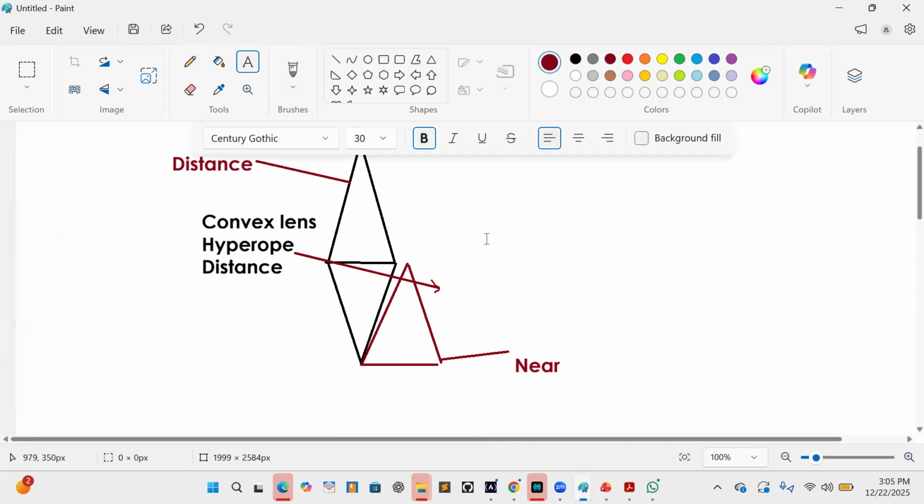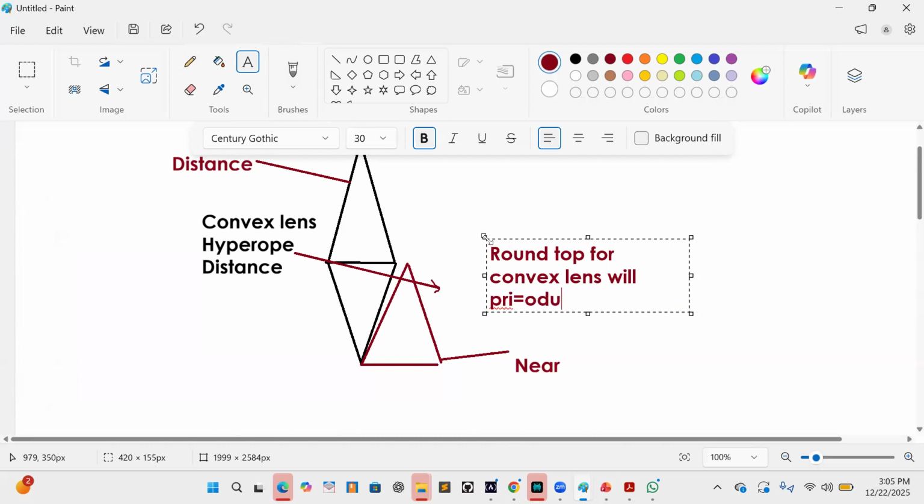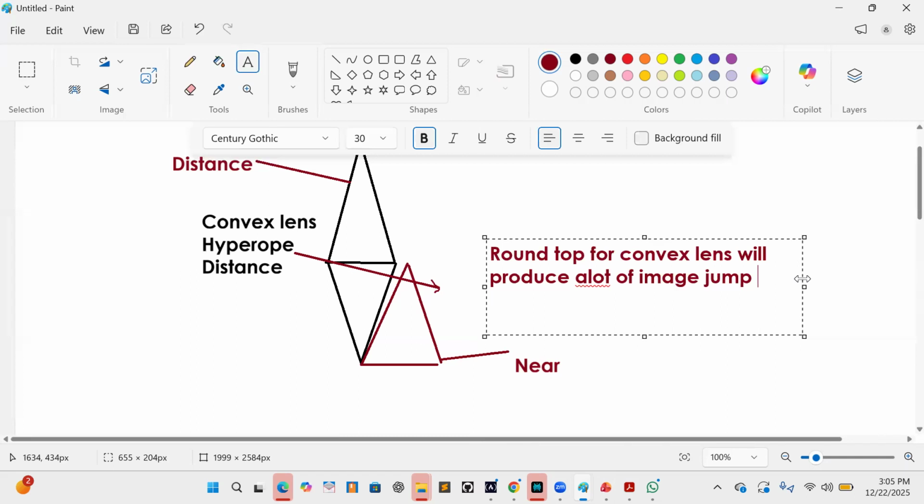So this round top for a convex lens of hyperopia produces a lot of image jump because you are seeing through the periphery of the lens.